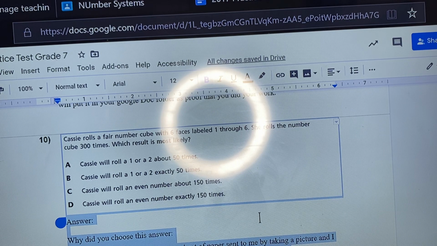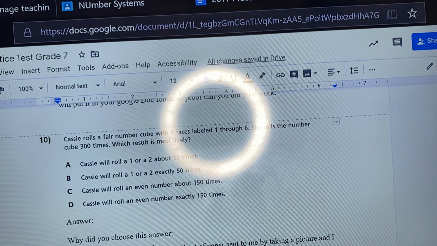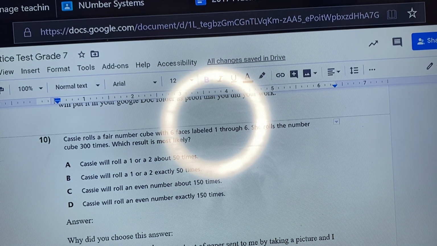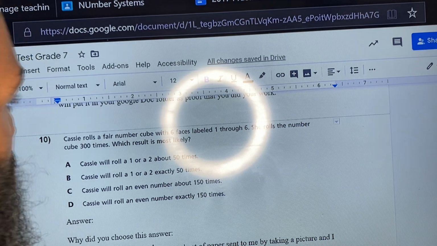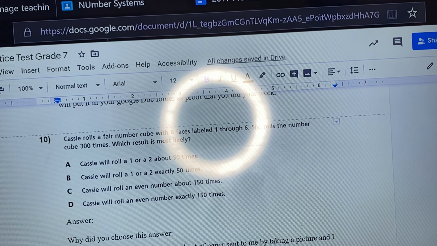So here it says Cassie rolls a fair number cube with 6 faces labeled 1 through 6. She rolls the number cube 300 times. Which result is most likely?